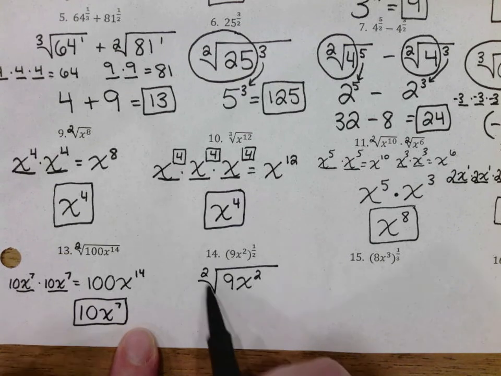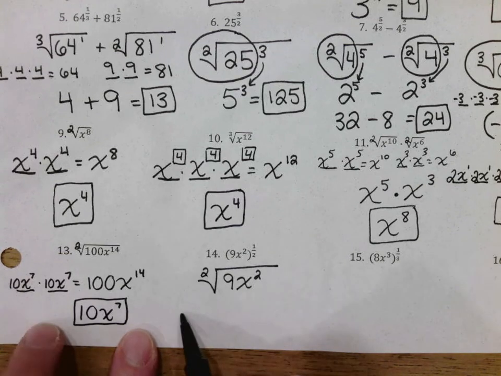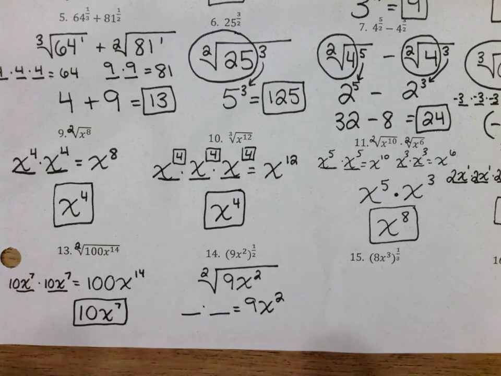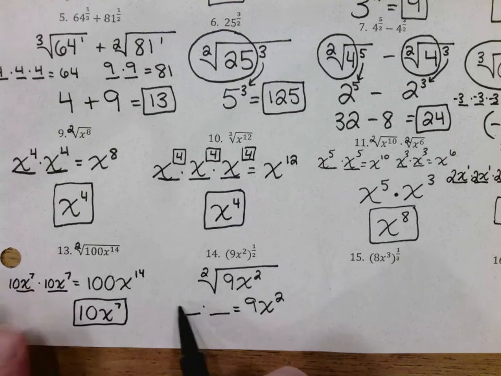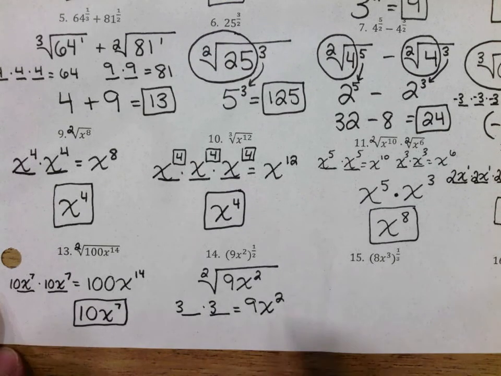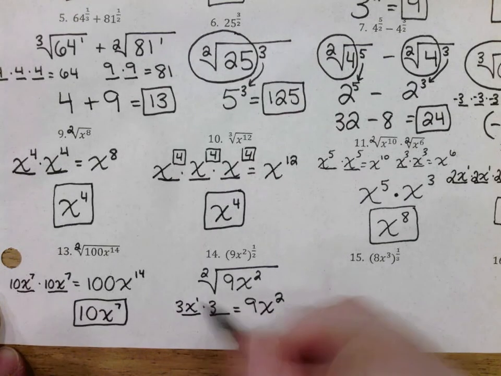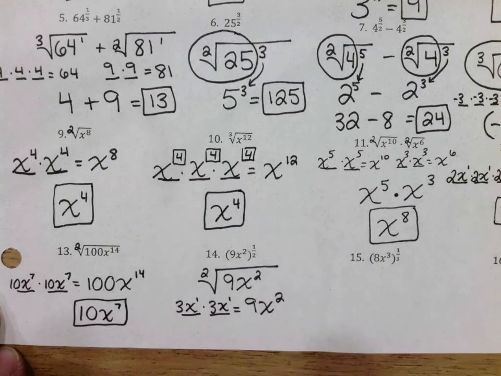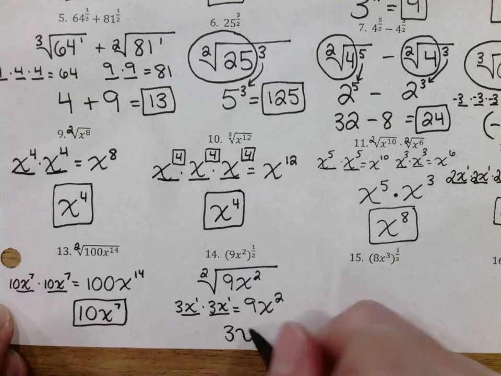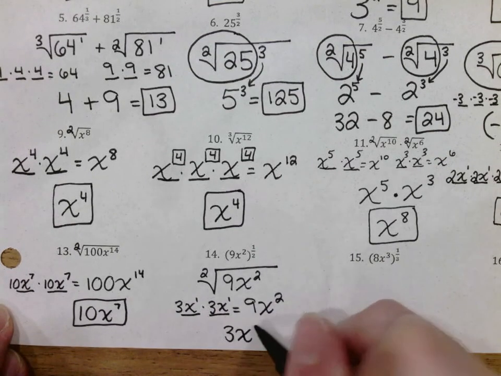Then we need two things that multiply to get us 9x to the second power. I know 3 times 3 gets me 9. Then you want to think, what times what gets me x squared? Well, that's just x to the first times x to the first. So our final answer is 3x to the first, but we don't have to put that.